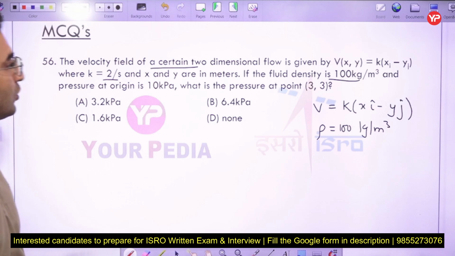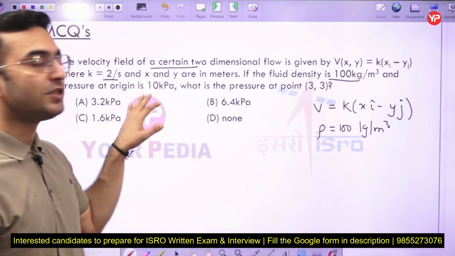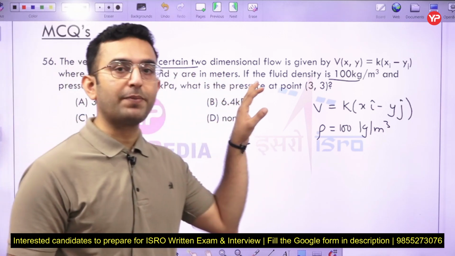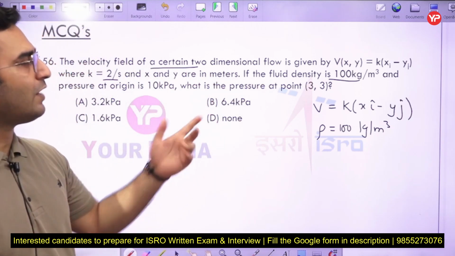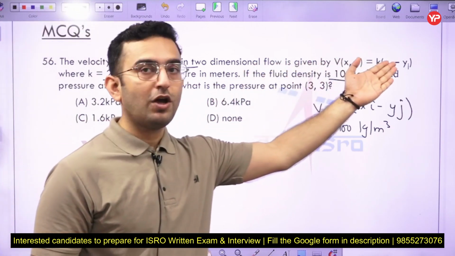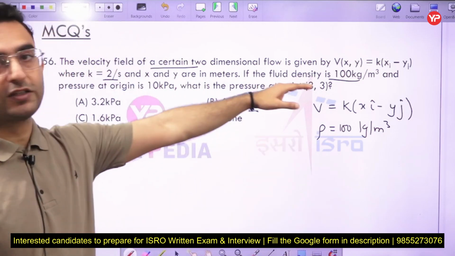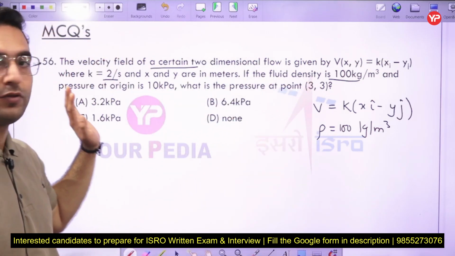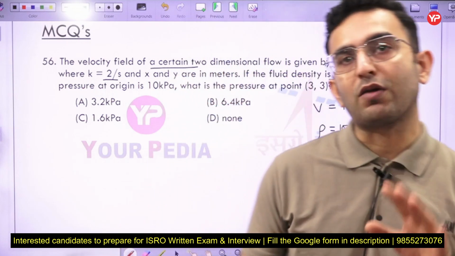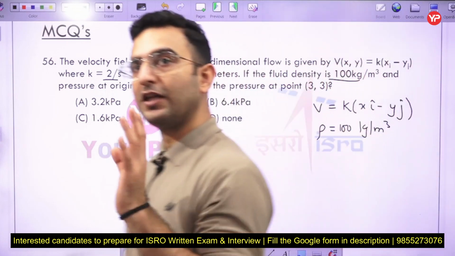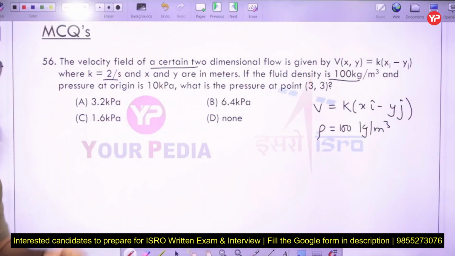See here, the pressure at the origin is given to you, and you have to calculate the pressure at the point 3,3. Correspondingly, we can find the values of the velocity with this particular equation at 3,3 as well as at 0,0. So I can simply use the Bernoulli equation to calculate the pressure at the point 3,3.